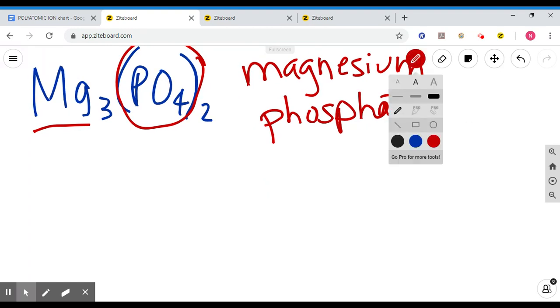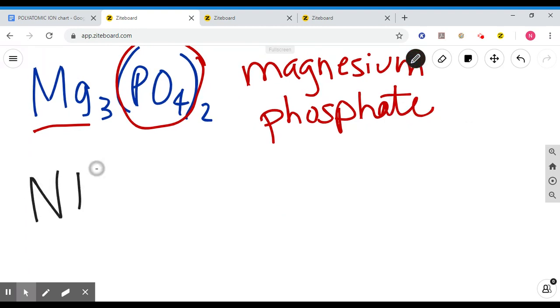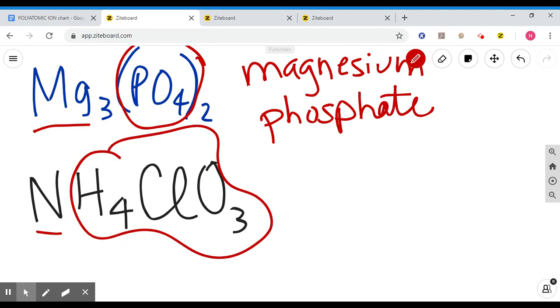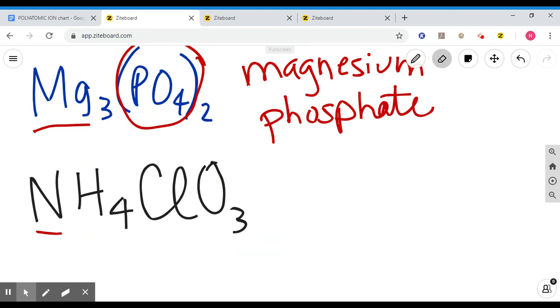An exception to the rule, like a particularly difficult one, might look like this: NH4ClO3. Okay, so using the strategy that I taught you, of underlining the first and naming what's left over. So if I underline this first thing, I would underline N. And I would be stuck with H4ClO3. Nowhere on your polyatomic ion chart would you find that. Ammonium is the trickiest polyatomic ion.